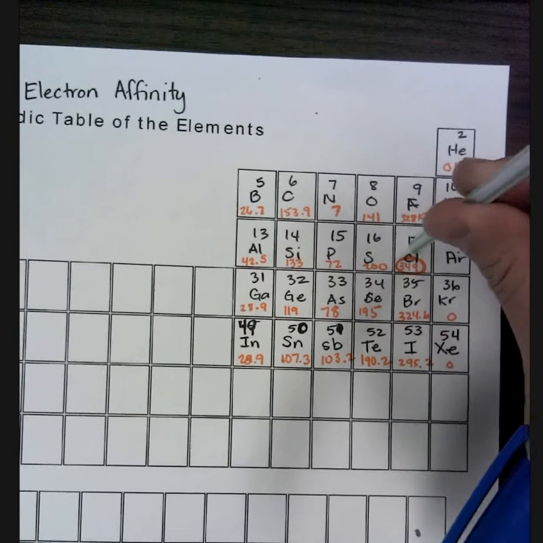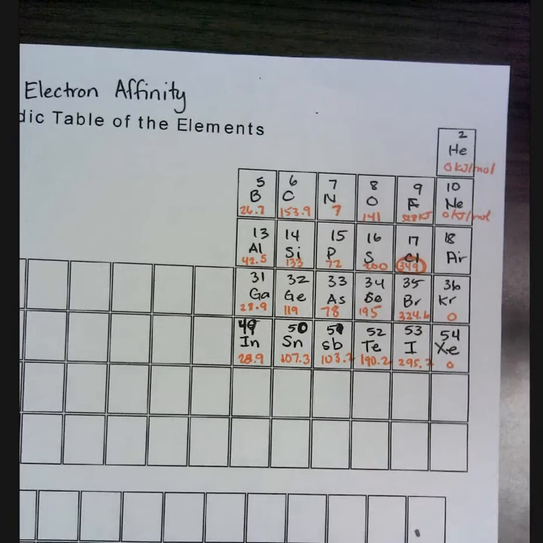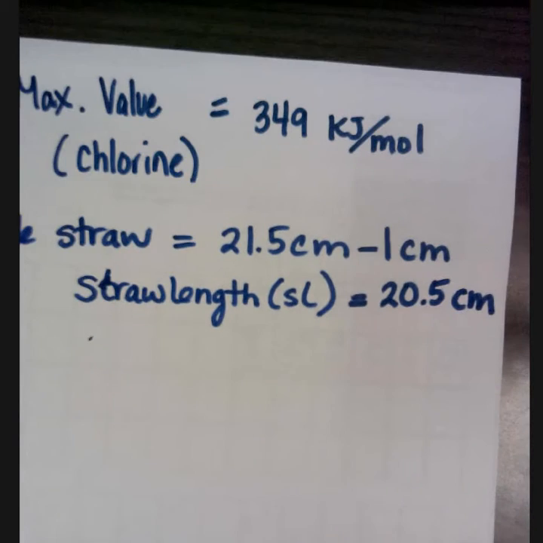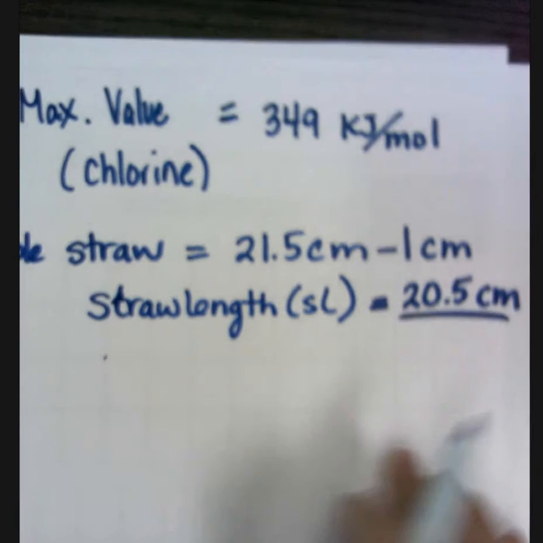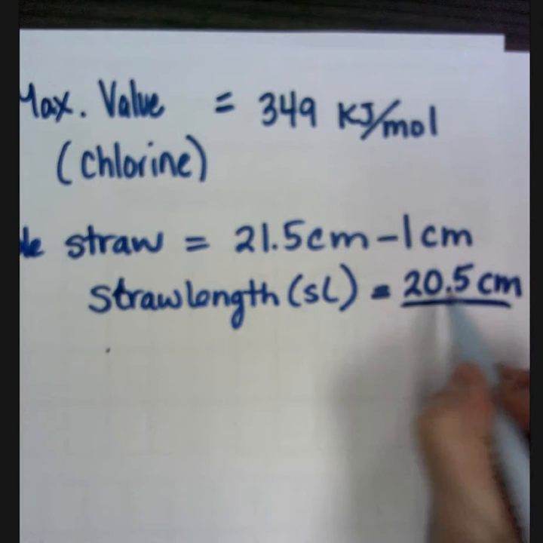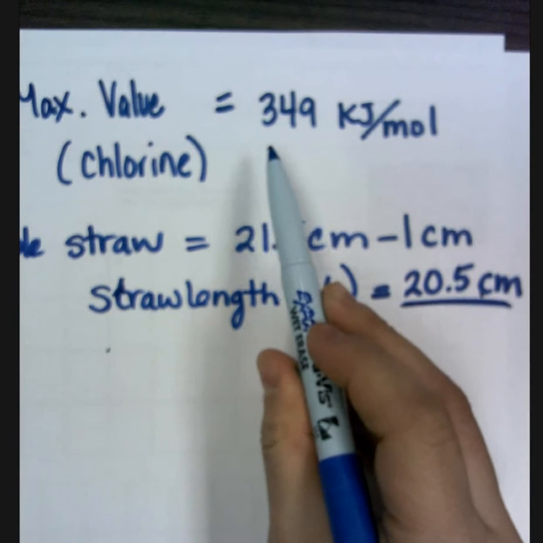Now, a hot glue gun will work best so it stays upright. So now I know that my maximum straw length is 20.5, which corresponds to the value of 349 for chlorine.